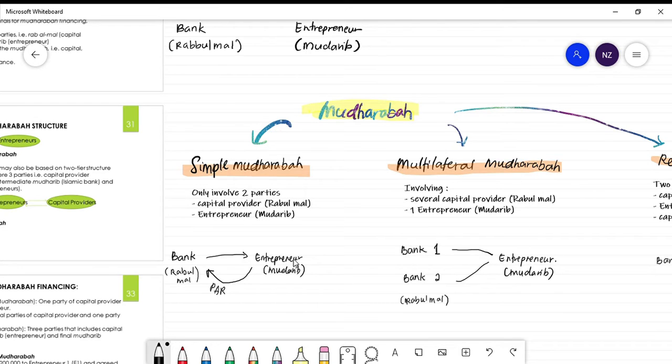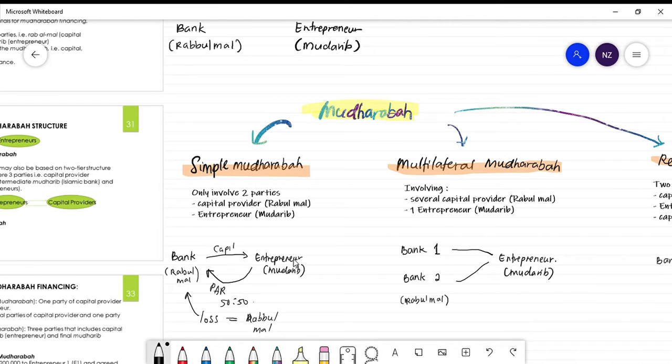Let's say 50-50, so the profit is shared between 2 parties according to the pre-agreed ratio. But if there is a loss, the loss is borne only by the rabbul mal. Remember? The loss is borne by the bank only.